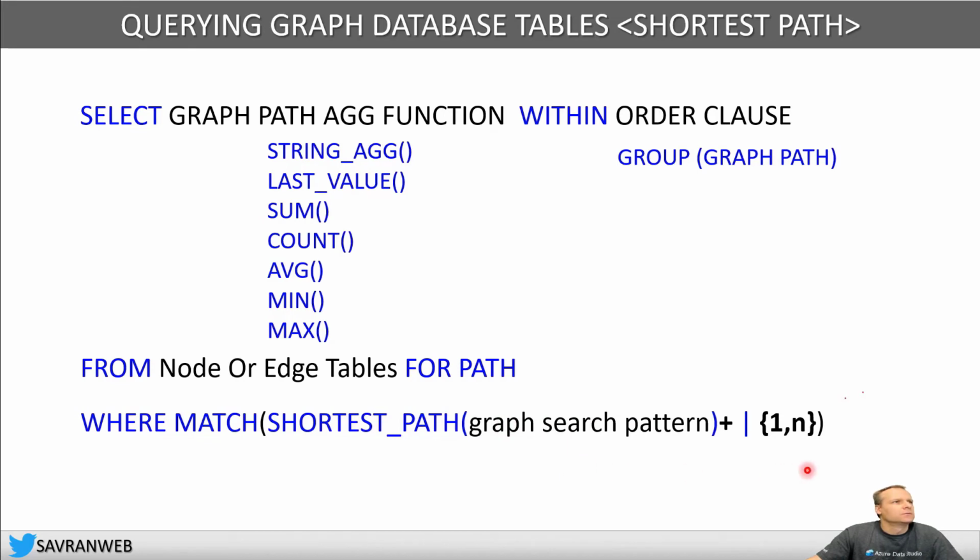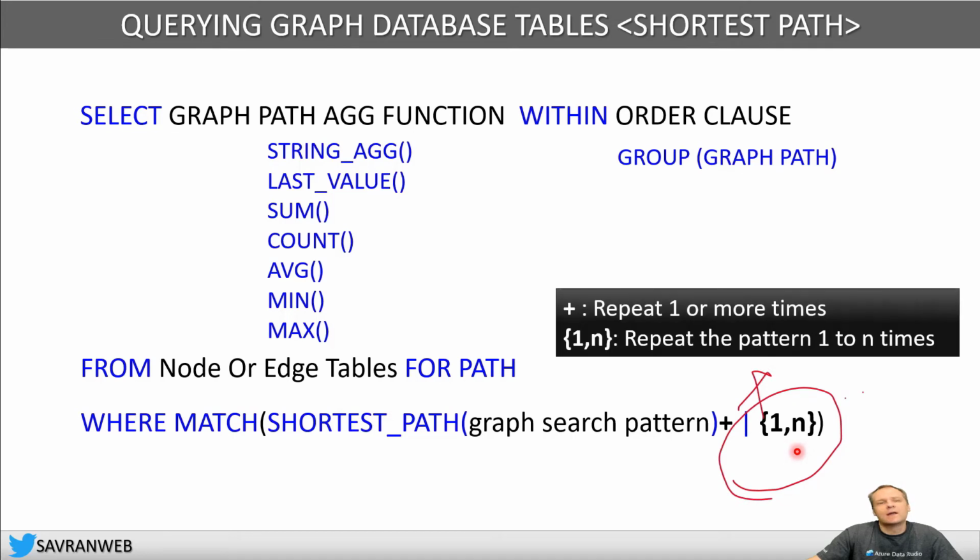Also, we are going to have plus or 1 to n, which tells the system how many hops it can go. If you put plus, it can go until the table finishes. Or you can say, you know what, I am looking at users here and I really don't care after 3 hops. So you can say 1 to 3 and it will stop after 3 if it cannot find anything.